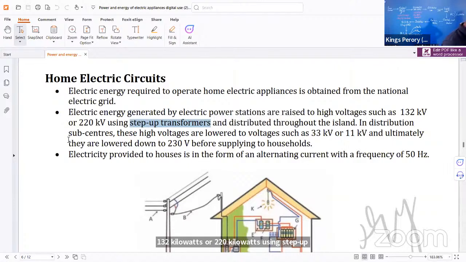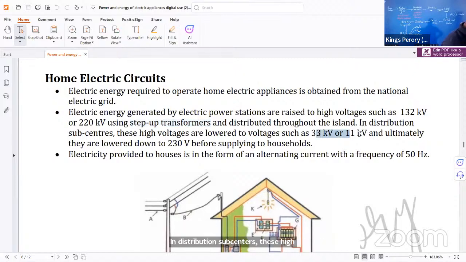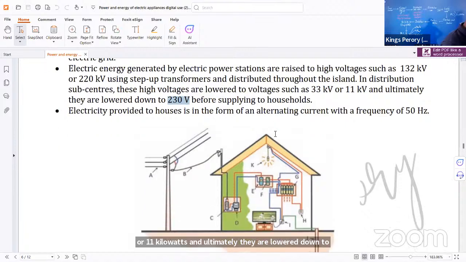In distribution subcenters, these high voltages are lowered to voltages such as 33 kilovolts or 11 kilovolts, and ultimately they are lowered down to 230 volts before supplying to households. Electricity provided to houses is in the form of an alternating current with a frequency of 50 Hz.